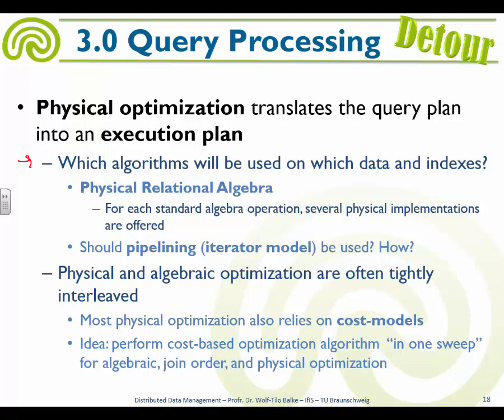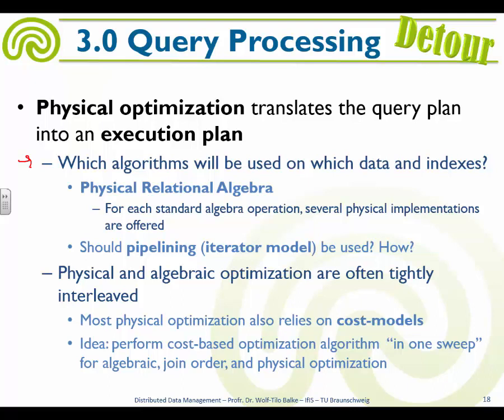And pipeline means, if we are doing several queries and accumulating results, should we store these results and then use those stored results to continue our query? Or can we just take the output from one operation as an input for the following operation? This is pipeline. Sometimes it's possible to do it, sometimes it's not possible. So one of the decisions at its core in the physical optimization is to decide if it's possible to do it, and how do we do it? At the end, it pays a lot of benefit if we do it like that.